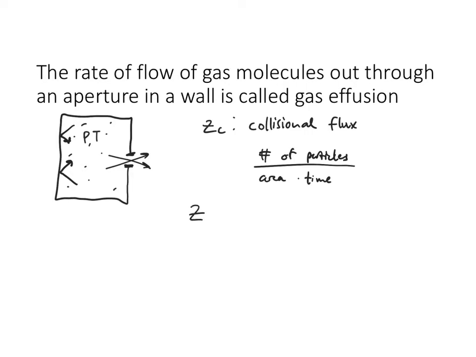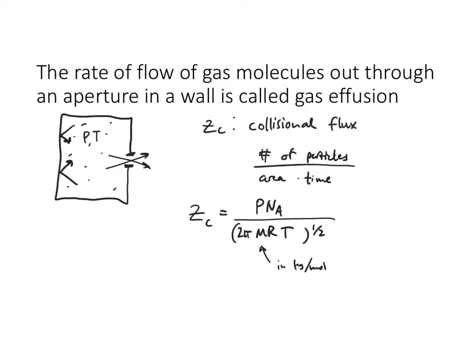And once we calculate this, we'll be able to figure out how much is flowing out of that little hole there. So the ZC, the book will tell you, happens to equal P times Avogadro's number divided by (2 pi MRT) to the 1/2 power. And again, watch out, this M needs to be in kilograms per mole.